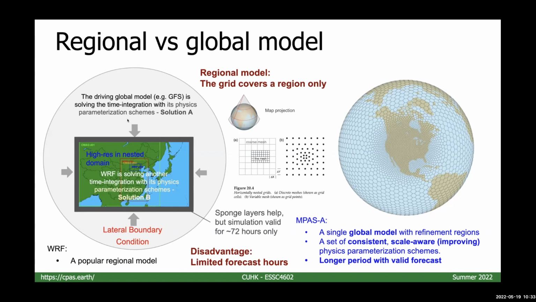It is because WRF requires you to use a map projection like the one I put at the center of the slide. And usually for mid-latitude, the map projection is something like you put a cone to the space cutting the Earth.